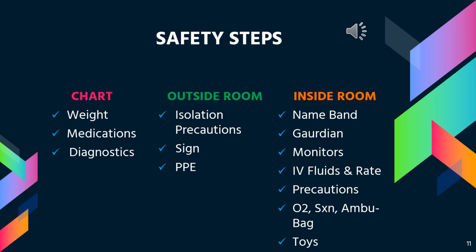So just to reiterate, your safety steps are going to begin before you ever get to your patient's room. You're going to be verifying weight, medication dosages, diagnostics. Then outside the room, we're going to verify that isolation precautions and supplies are apparent. And then inside the room, making sure that the patient has a name band, the guardian or the parent has a name band, that the monitors are not silenced, that the ranges for the different vital signs are appropriate and age-based.